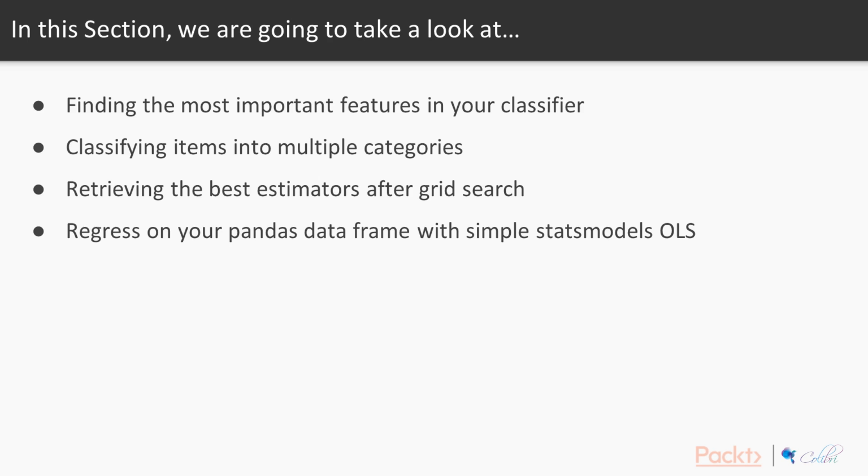The third issue is retrieving the best estimators after you've done a grid search on any of your models. And lastly, we're going to look at how we can get a richer output from doing linear regression on any pandas data frame. Let's dive into it.